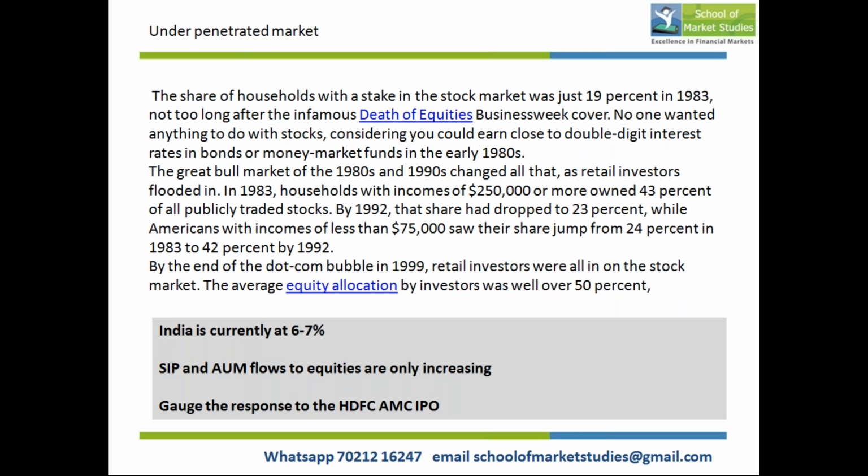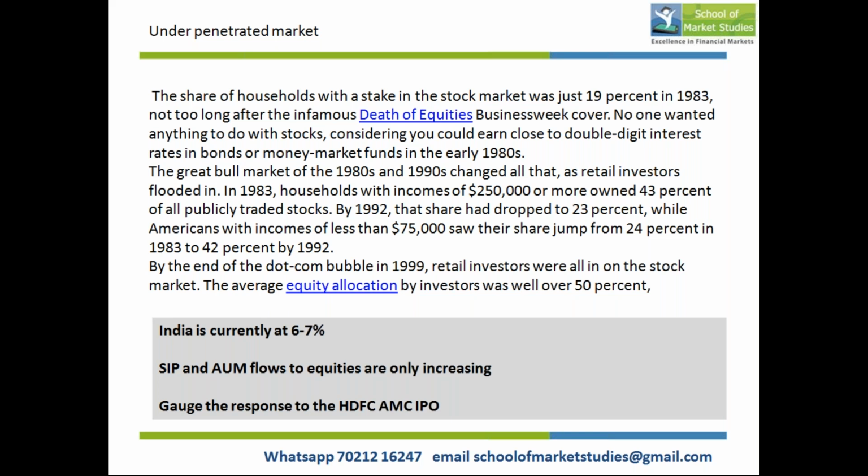So the share of households with a stake in the stock market was just 19% in 83. And it was not too long after the infamous death of equities business cover. So just see the classic thing, what comes in the news: buy the rumors, sell the news. The news was the death of equities, and see what happened after that. From 19%, after reading death of equities, what would you expect?